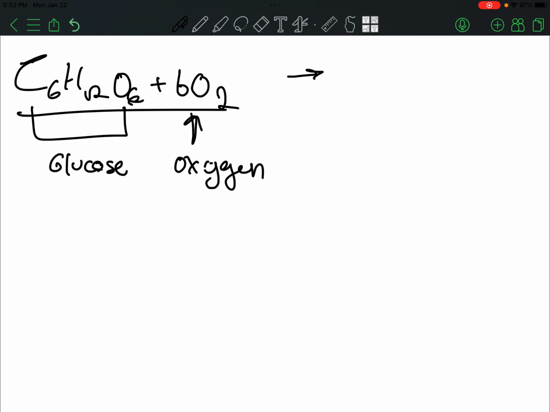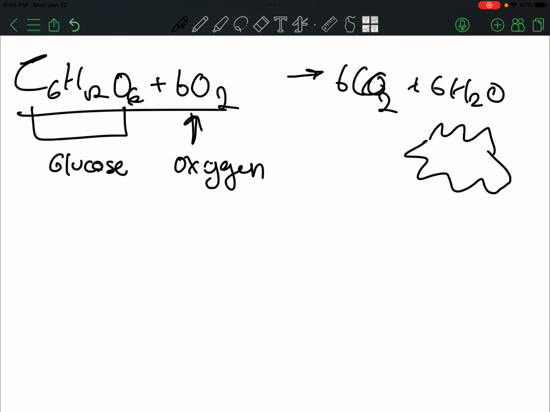This creates 6CO2 plus 6H2O plus energy, which we're going to call ATP. Okay? But you could just say energy for this. I'm just going to do energy so it's easier. Okay? And this makes sense, right? The glucose is broken down, creates ATP, right? And we exhale carbon dioxide and we release sweat, aka water, right?